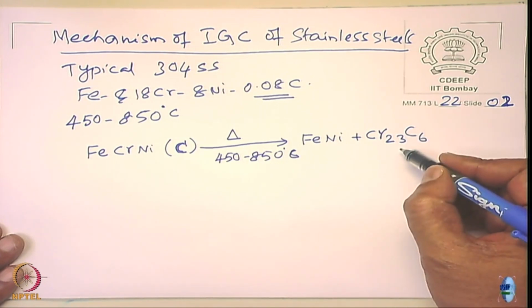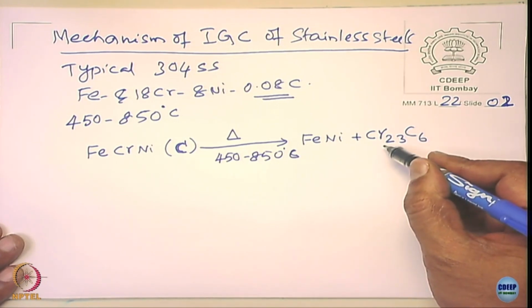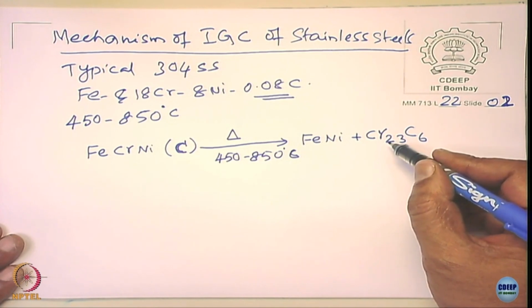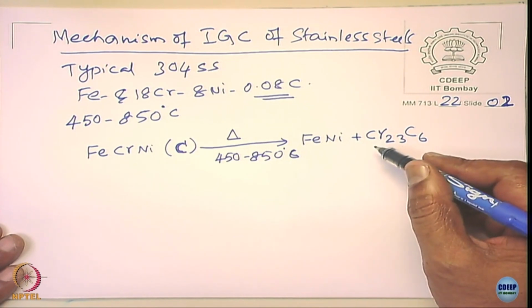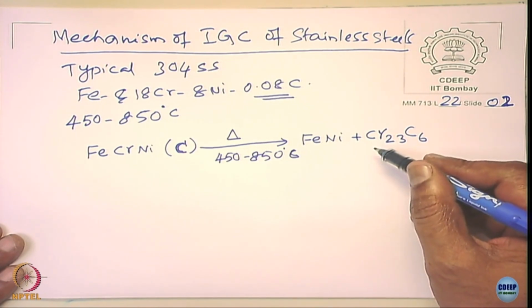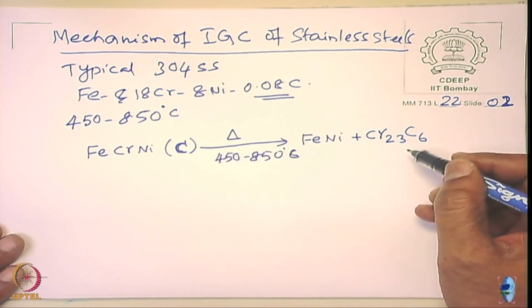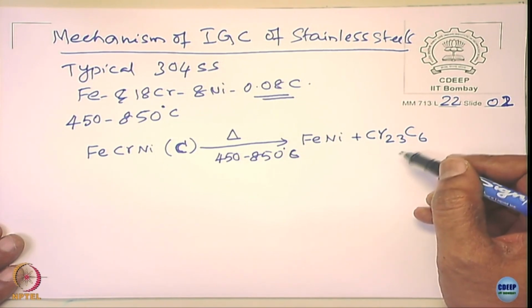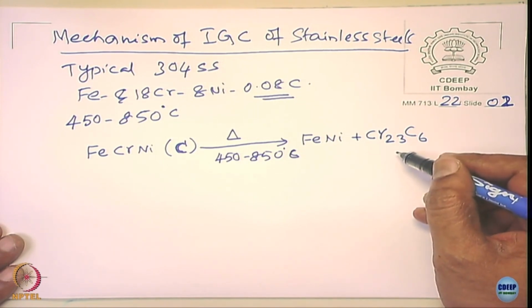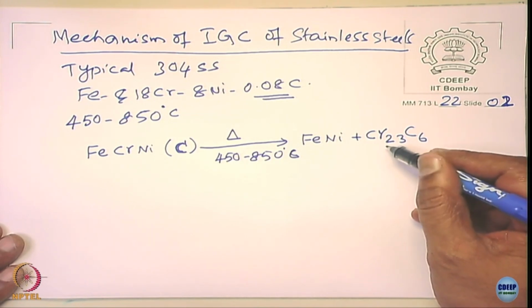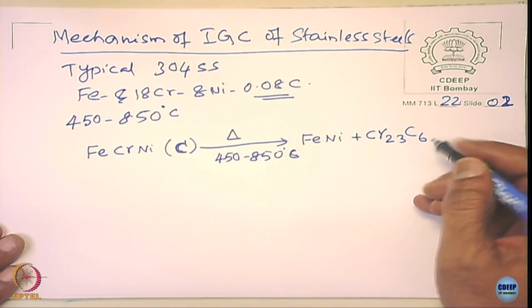And why does the chromium carbide form over, let us say, iron carbide or nickel carbide? The affinity is given in terms of the free energy change. So the chemical potential of this is very negative, the free energy change for that is so negative, and so it forms preferentially as chromium carbides.